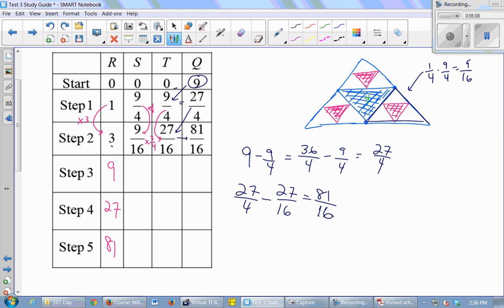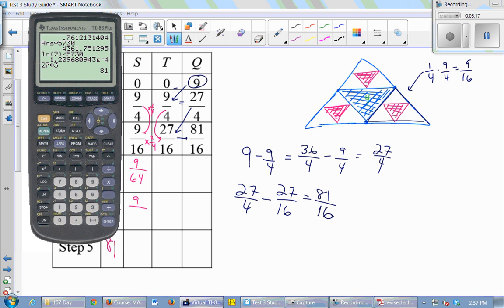So I'm just multiplying my denominators by 4 now. So I'm going to have 9, 16 times 4 is 64. And then 9 over 64 times 4 is 256. And then times a fourth again, and 256 times 4 is 1024.